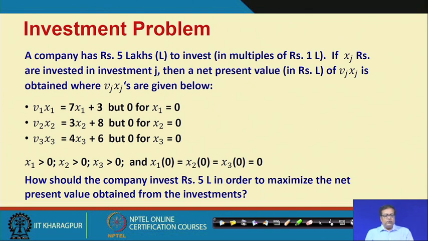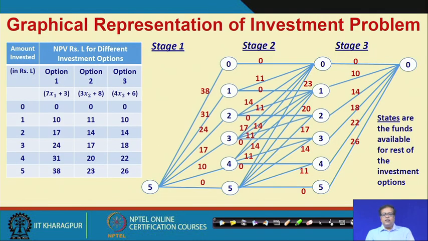The question is therefore, how should the company invest that rupees 5 lakhs in multiples of rupees 1 lakh so as to maximize the net present value obtained from all the investments? If you recall, we had constructed the following graphical representation, which combines the stages. There are 3 stages.